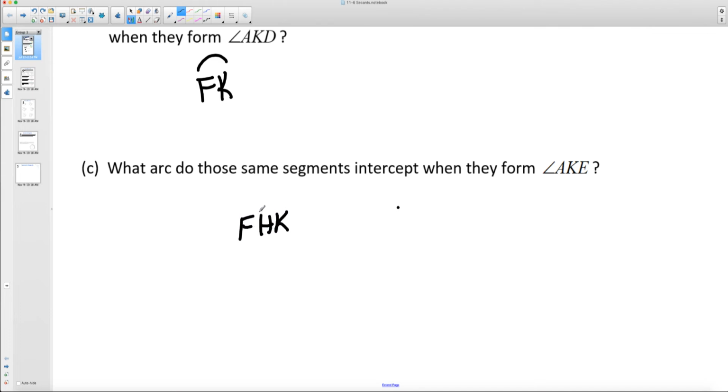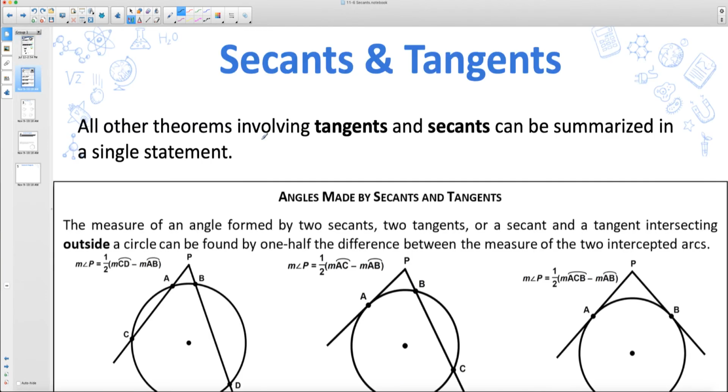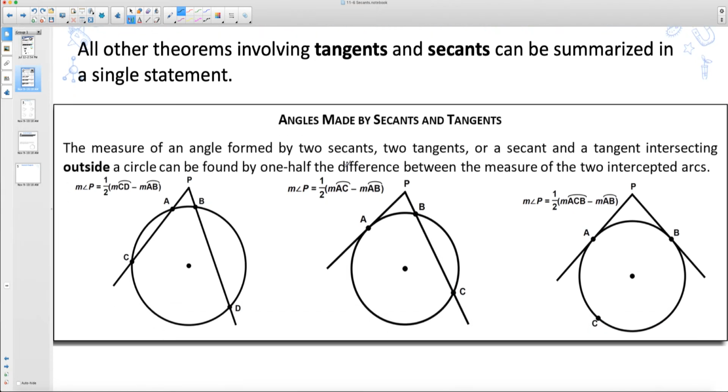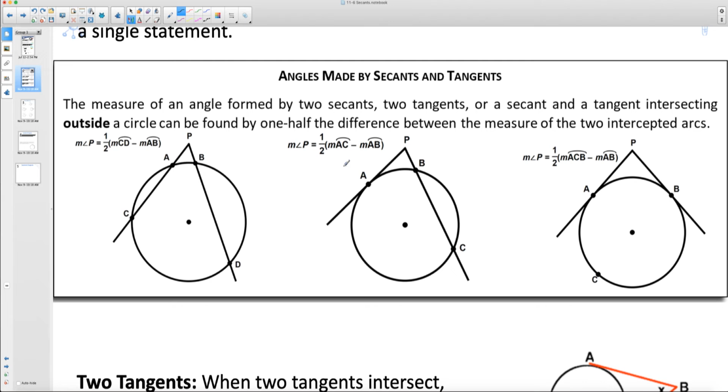Now it's important to figure out what arcs are intercepted, because if we don't know it, then we won't be able to use our rules. So speaking of rules, when angles are formed outside of a circle, created by tangents or secants, any combination of those, it's going to be the difference between the two arcs and then divide that by 2. So arc minus arc divided by 2.